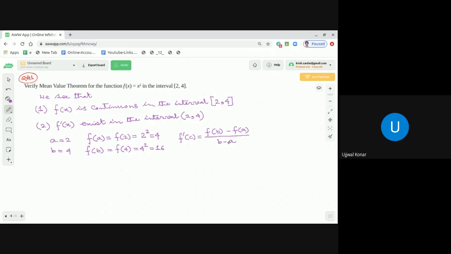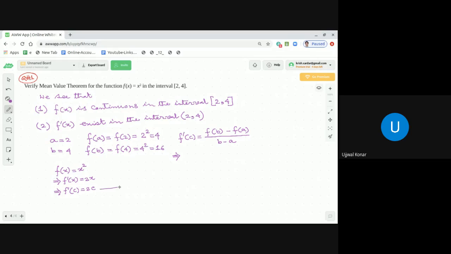Now, in order to verify, we need to show that this c is in between 2 and 4. How? Let's see. What is f dash c? If f(x) is equal to x square, that means f dash x is equal to 2x. That implies f dash c is equal to 2c.